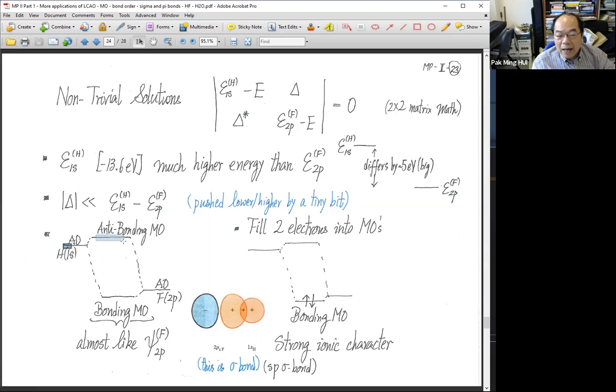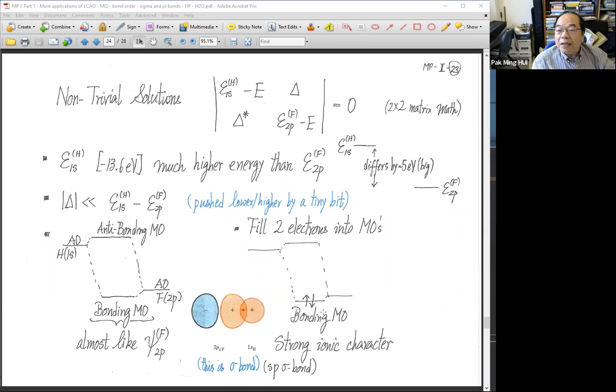It has a lot of hydrogen 1s, a little bit of fluorine 2p. Okay, do you understand what I'm saying? If you don't understand, you have to look back at the first homework, I can't help it. Okay, 2 by 2 matrix, you can solve the eigenvector. What I'm saying is the eigenvector feature.